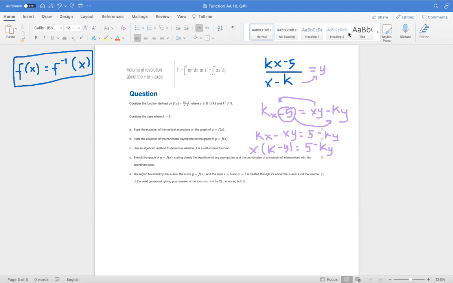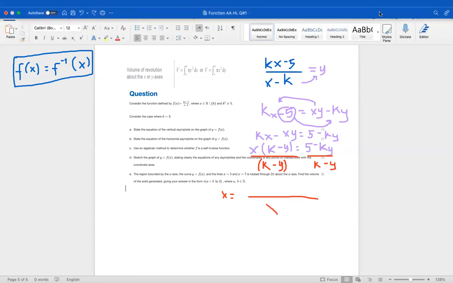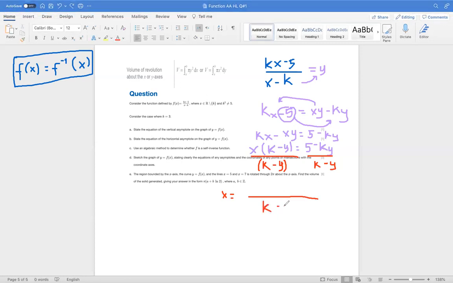Now, if I divide each side by k minus y, I will be able to get x in terms of y. So I divide the left by k minus y, and I do the same thing on the right side. Then x will be the numerator 5 minus ky over k minus y.